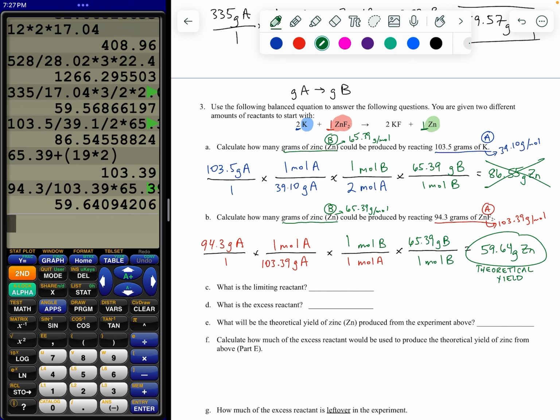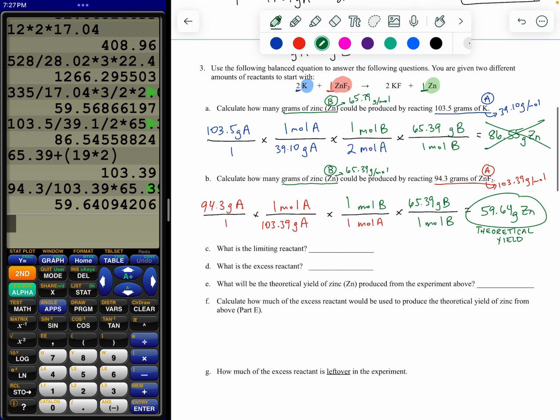This answers part E, which is what will the theoretical yield be? Well, it's going to be the smaller amount of those 2 values that you just calculated. So it would be 59.64 grams of zinc. We are limited to making that amount because that reactant is going to get used up first.